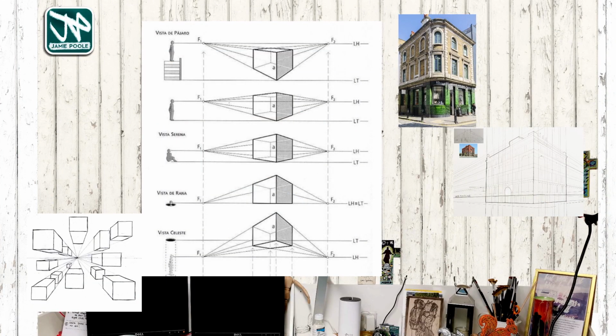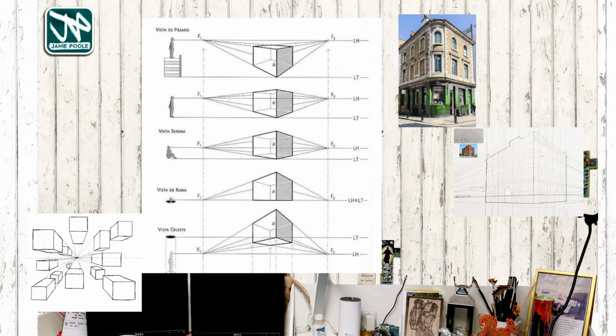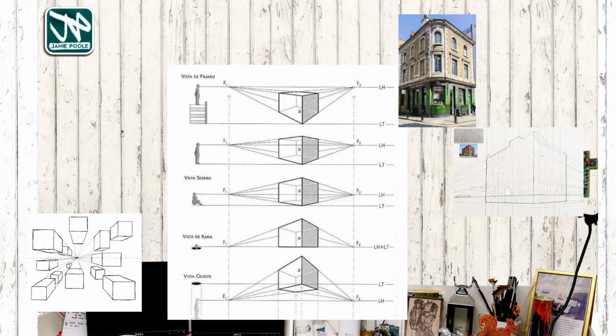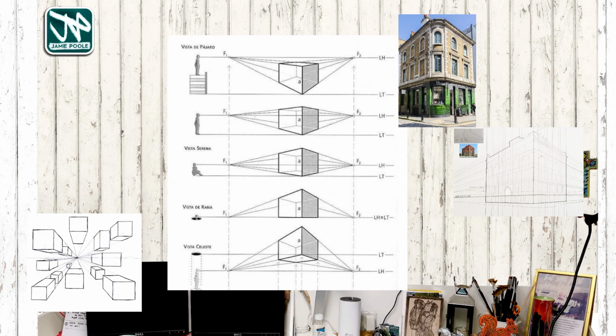Okay, so at the top here, we've got the picture that we were looking at last week. If you remember, depending on where you're standing or how you're standing in these diagrams, that can affect your line of sight, but also how you look at something.